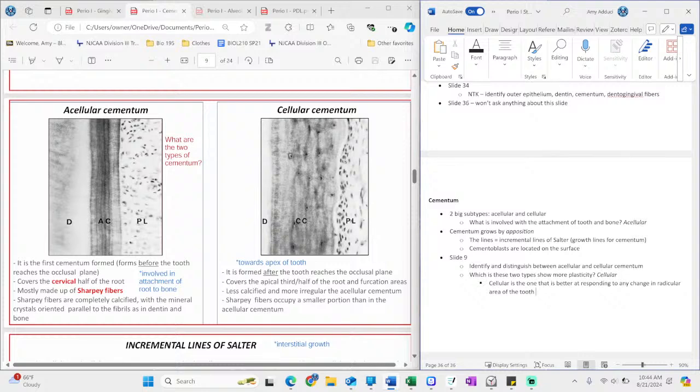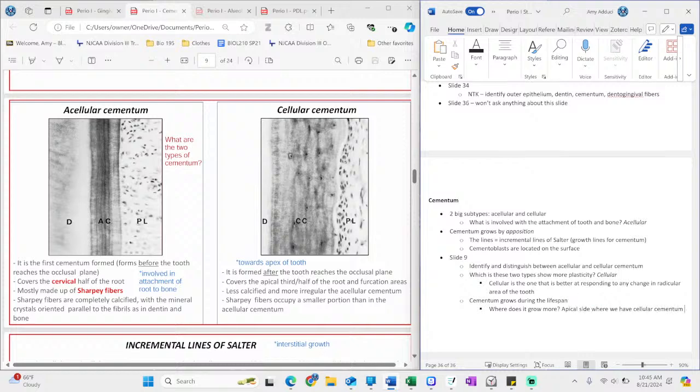Does cementum grow during lifetime or not? Yes, it does. Where is it going to grow more? On the cervical half, where we have acellular cementum, or the apical half, where we have the cellular cementum? In the apical side, where we have the cellular cementum.